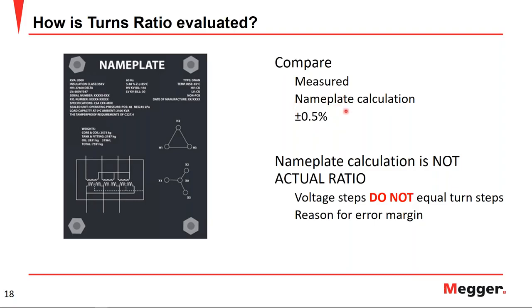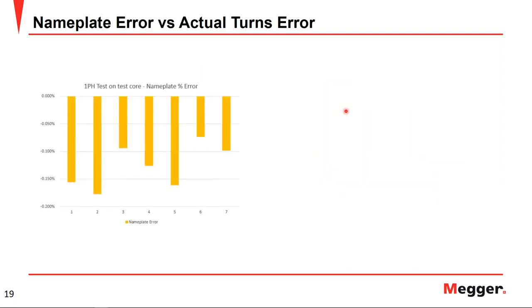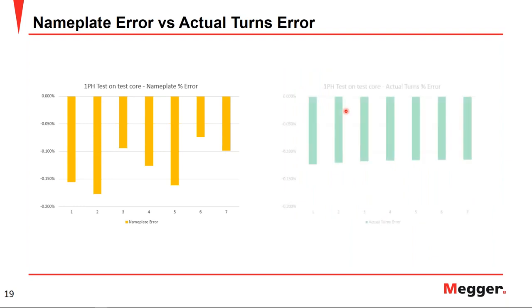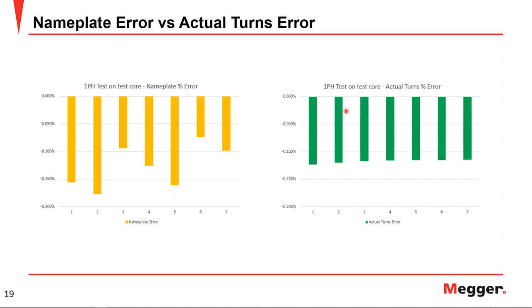So that's going to be the voltage values that are written on the nameplate. Comparing the ratio to the voltage values on the nameplate is not the same as comparing the actual physical number of turns that exist inside the transformer. That is why they are given such a wide percent error range of plus or minus 0.5%.